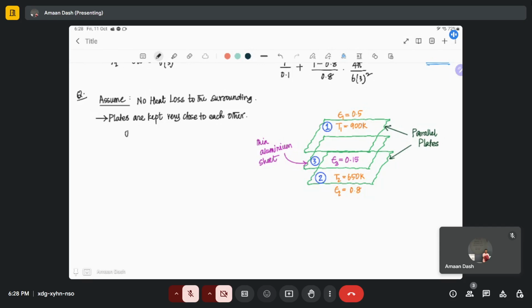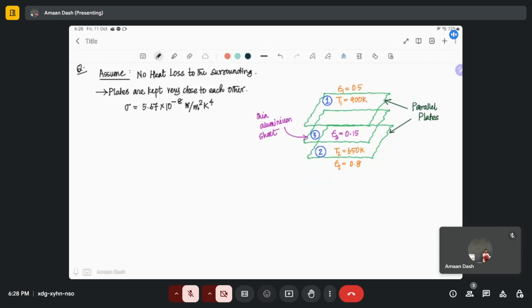So let me write this as epsilon 3. So this is some kind of system that is given. So these are parallel plates.